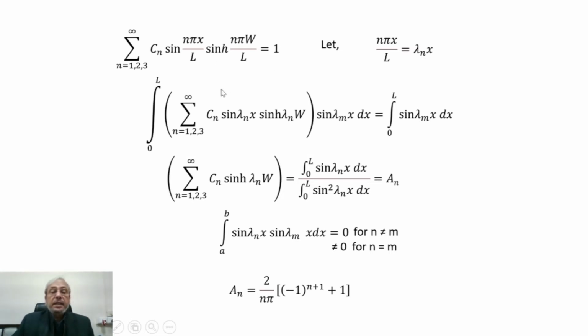Now, at this juncture, we have to apply the properties of orthogonal function. What we have to do in the domain limit between 0 to L, we have to integrate this with respect to x after multiplying with sine lambda m x. And the right hand side also we do the same.